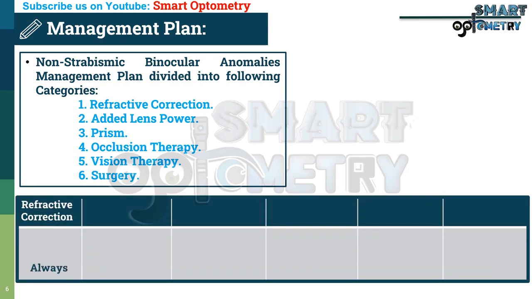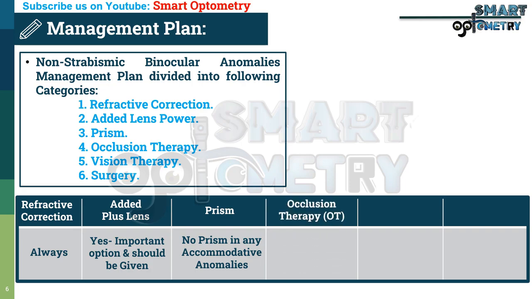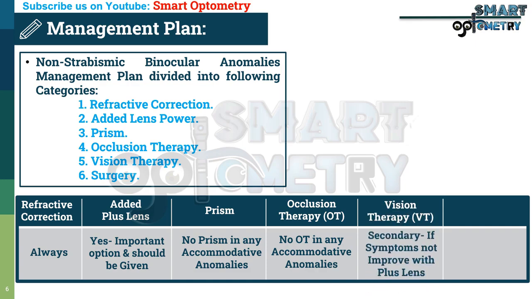Refractive correction. Always refractive correction should be given. Added plus lens. Yes, it's an important option and should be given. Prism. No prism is given in any accommodative anomalies. Occlusion therapy. No occlusion therapy is given in any accommodative anomalies. Vision therapy. Vision therapy is secondary if symptoms do not improve with plus lens.